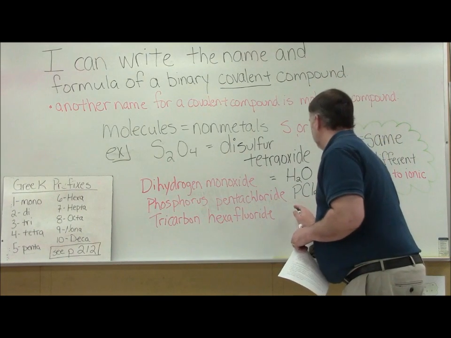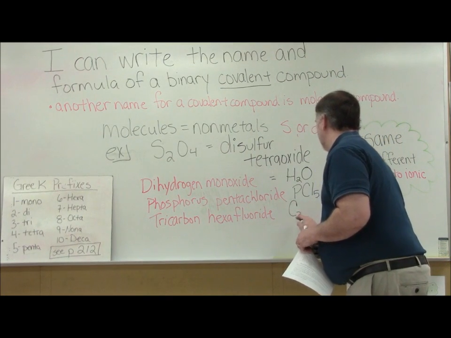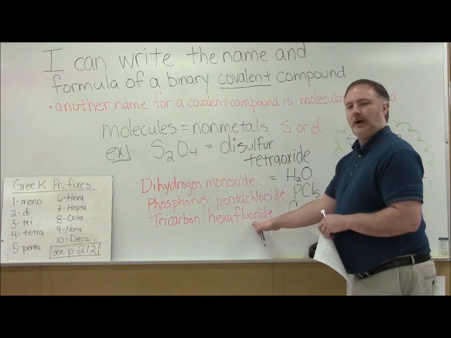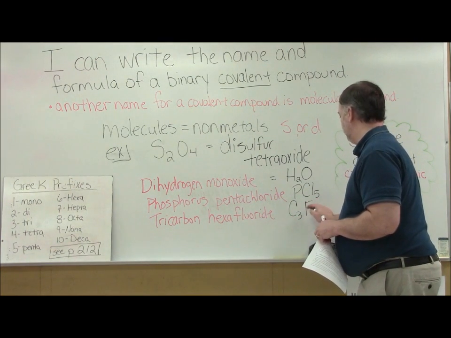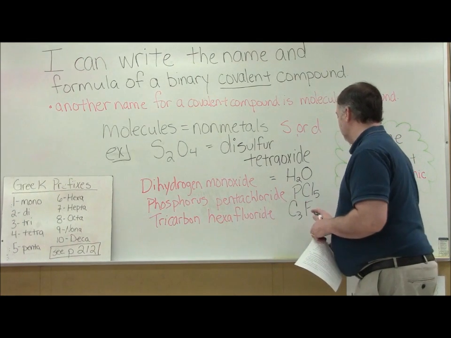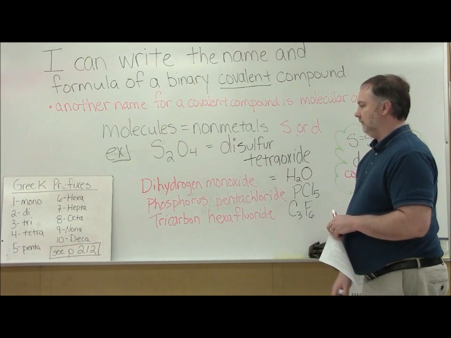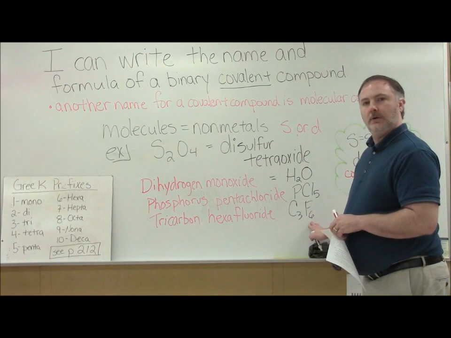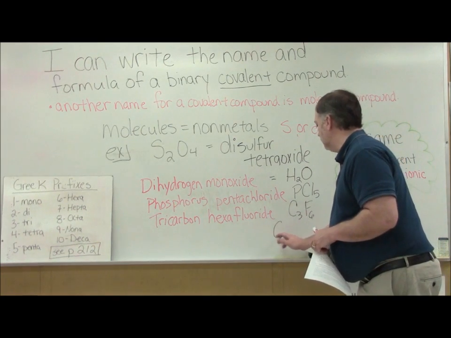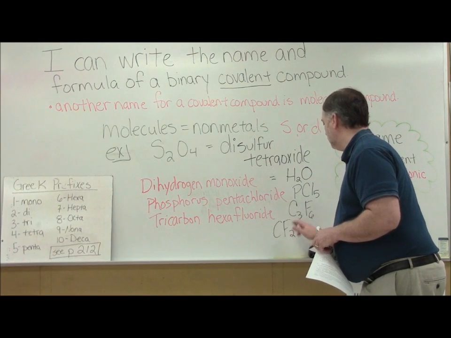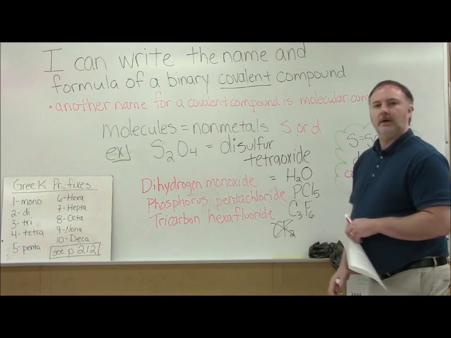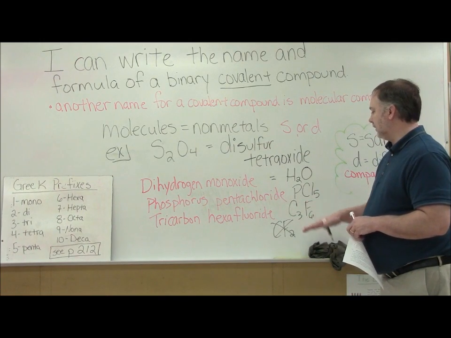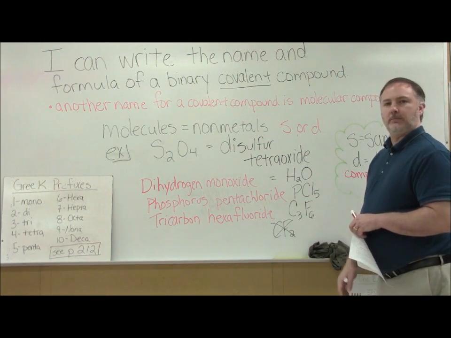There are 3 carbons. Fluoride here. There are 6 based on the Greek prefix hexa. C3F6 is your answer. Please do not reduce that to CF2. Okay? It's actually a molecule with 3 carbons and 6 fluorines bonded to it.